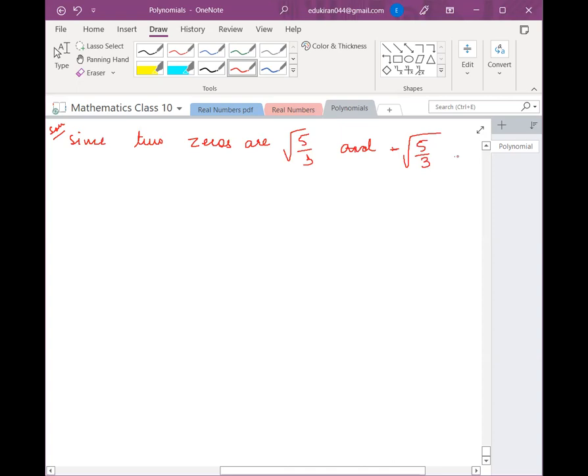So therefore, x, see, this is your alpha and this is your beta. Let's say I'm giving some names, alpha, beta, gamma, delta, whatever name you want to give. So two are given. So that means x minus alpha into x minus beta is one of the factors, isn't it?